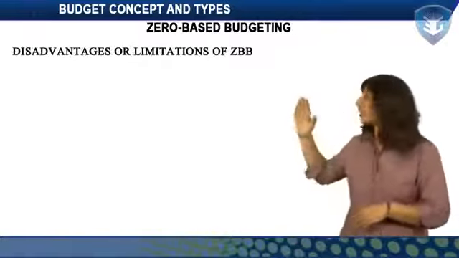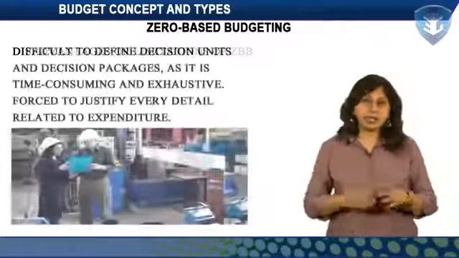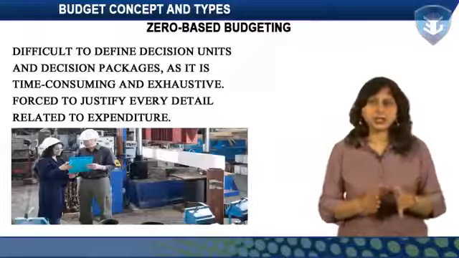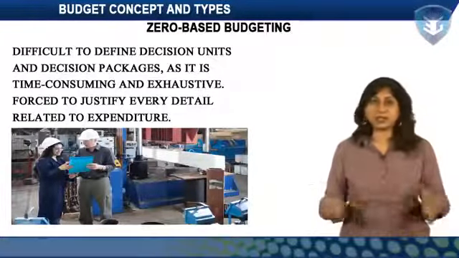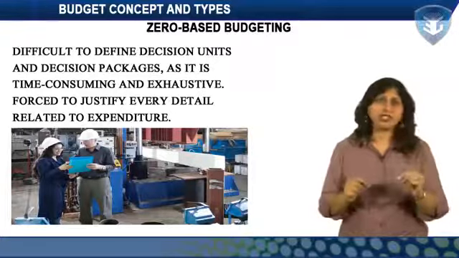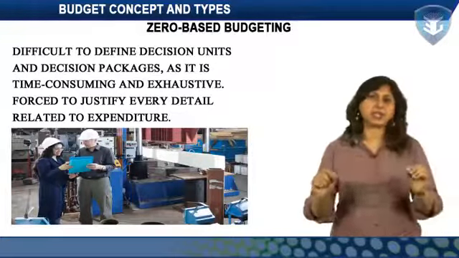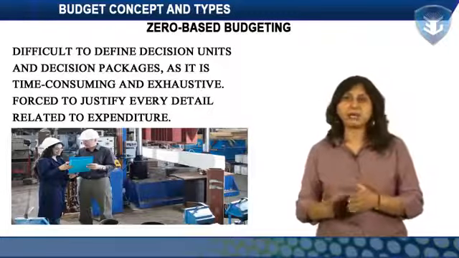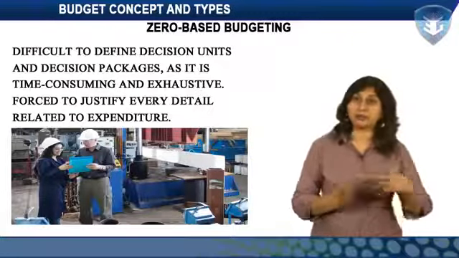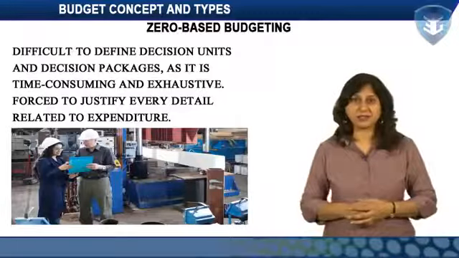Disadvantages or limitations of ZBB. It is difficult to define decision units and decision packages, as it is time consuming and exhaustive. Managers are forced to justify every detail related to expenditure. The research and development, R&D, department is threatened, whereas the production department benefits.